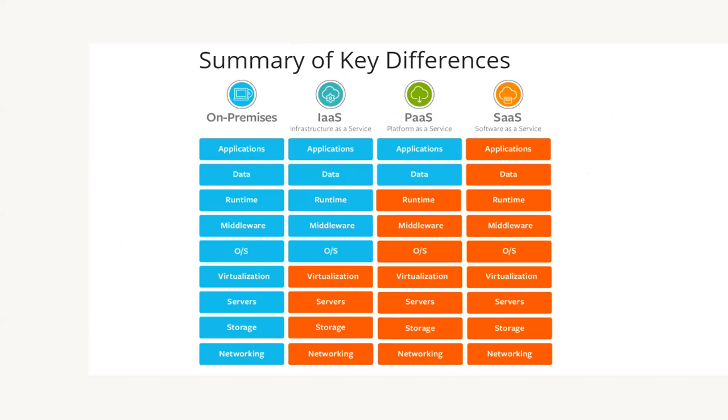When we say we don't have any control, it means Oracle is maintaining everything for us. If you see the database or the application or the middleware and the server storage network, everything will be handled by Oracle. So what is the advantage of having this SaaS model?